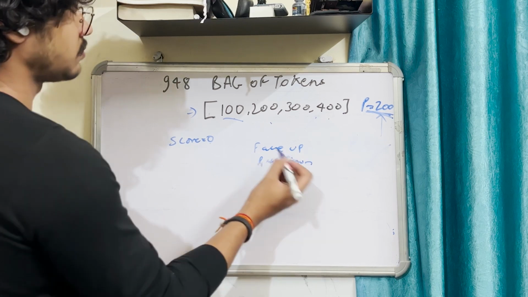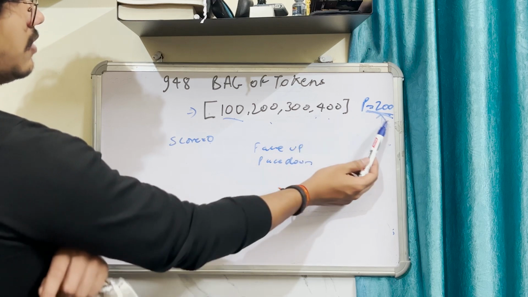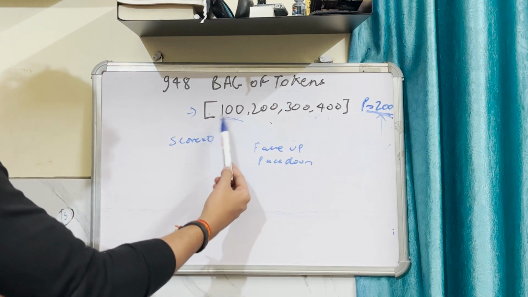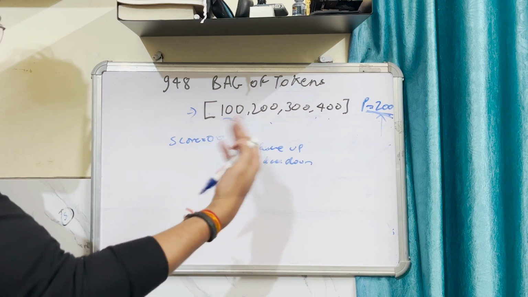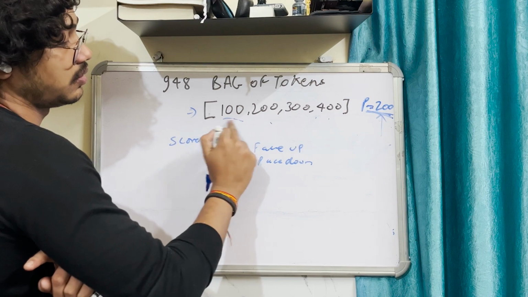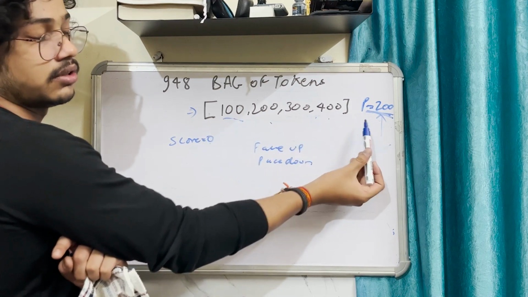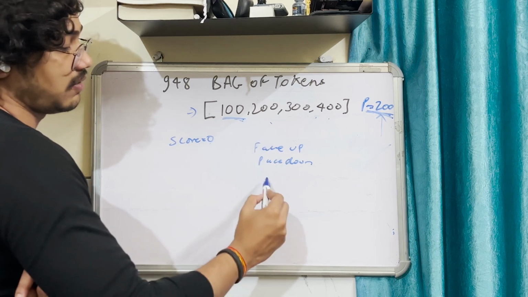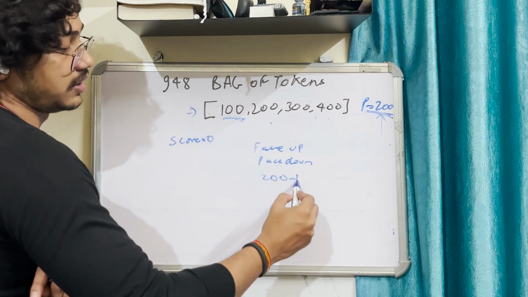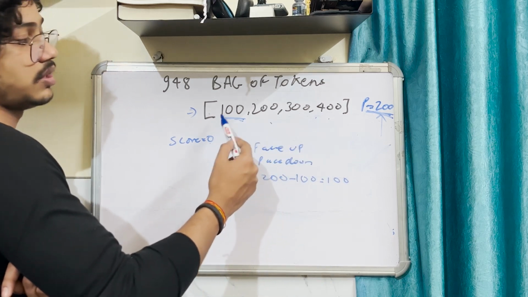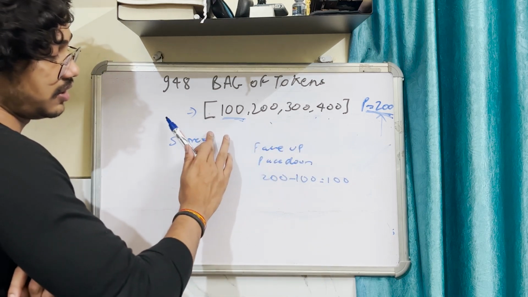Basically, if the power you have is greater than the token in the array, you can exchange your power by subtracting the token value. For example, power is 200 and you face up with 100, so power will be 200 minus 100, which will change to 100. You do this face up and you increase the score by 1.